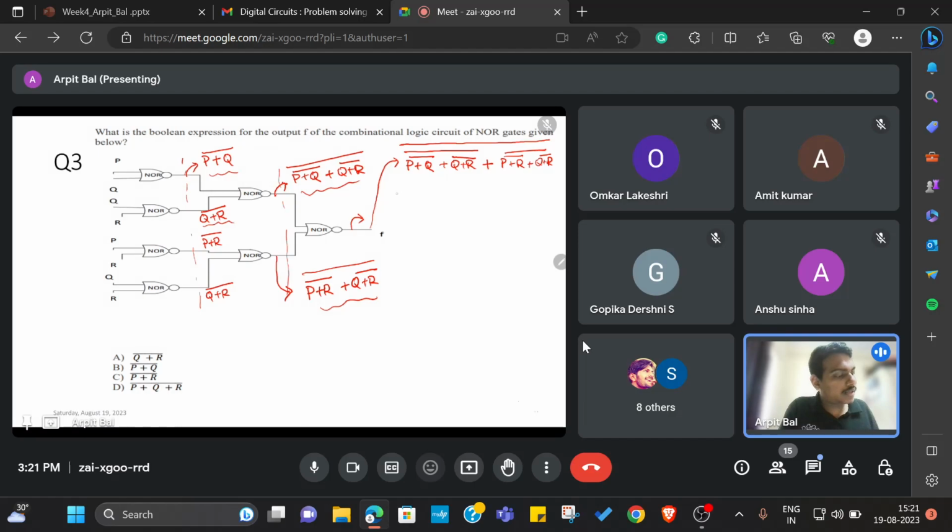Now let us try to simplify it. By using De Morgan's law, the first simplification will be ((p + q)' + (q + r)')·((p + r)' + (q + r)'). Then we can go on simplifying it further.